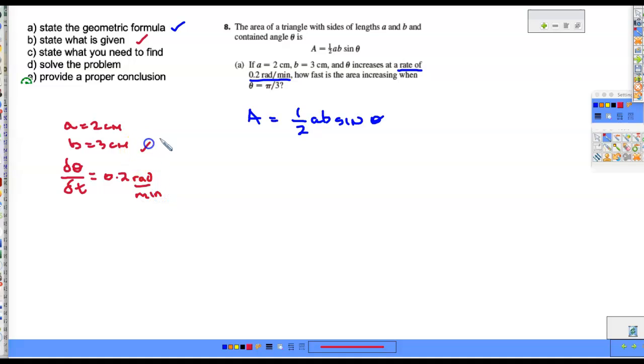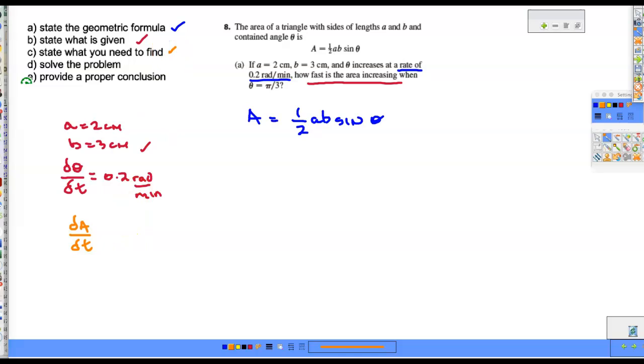Those are my 3 givens. Then they ask, what are we finding? How fast is the area increasing? So they want us to find dA with respect to time. This is what we are finding.